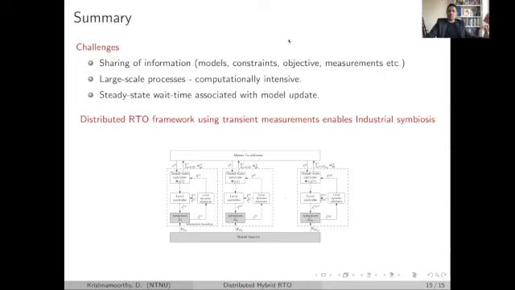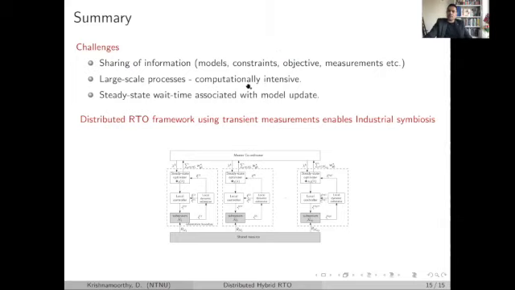And these 2 challenges could be potentially solved by using a distributed RTO framework, where we could split the optimization problem into smaller subproblems, such that only limited information needs to be exchanged across the different companies.